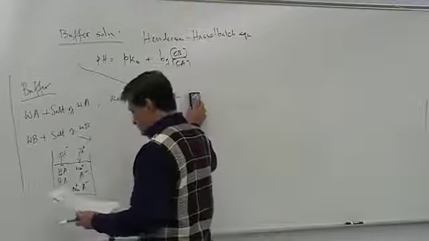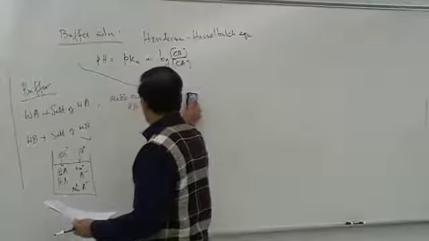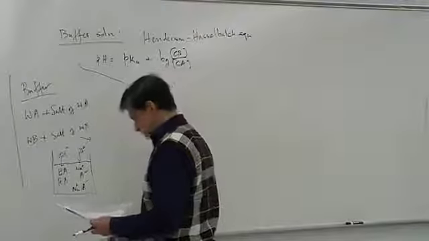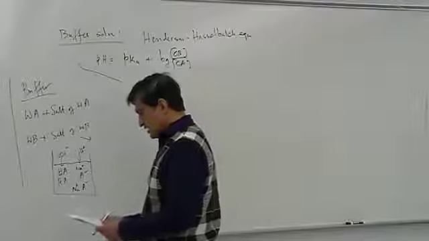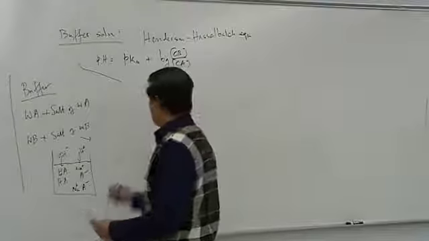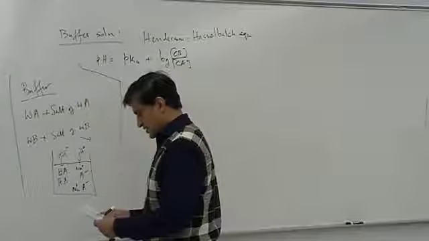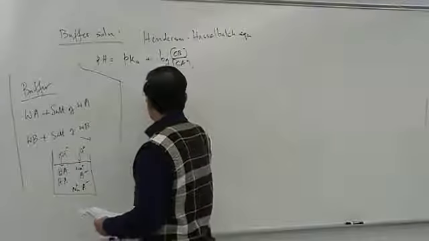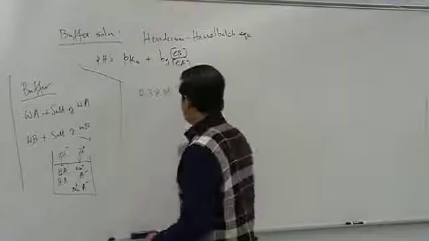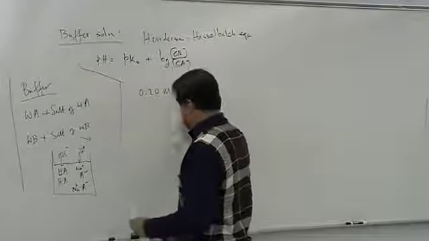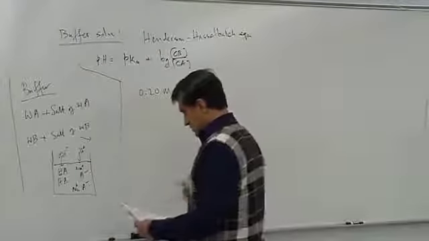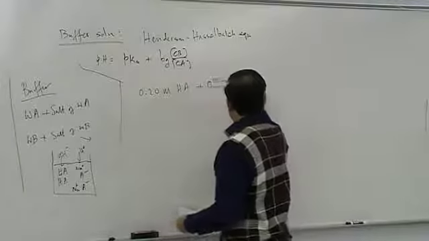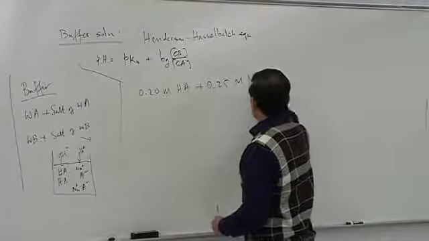So now we're going to do a few calculations on buffer. The first calculation I would like to do would be for this particular compound. Say I am adding 0.20 molar acetic acid, HA, at 0.25 molar sodium acetate.